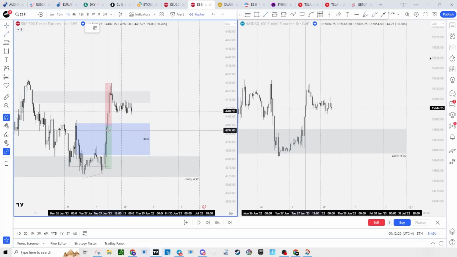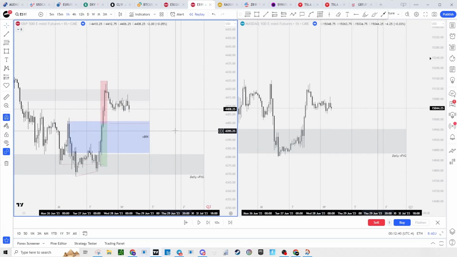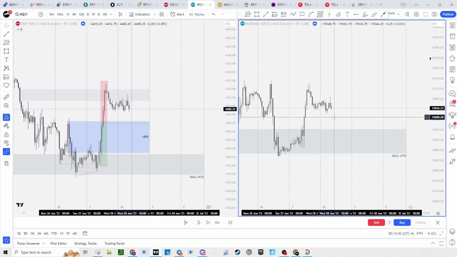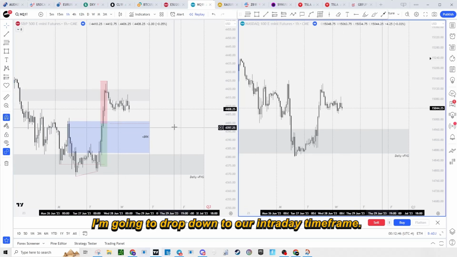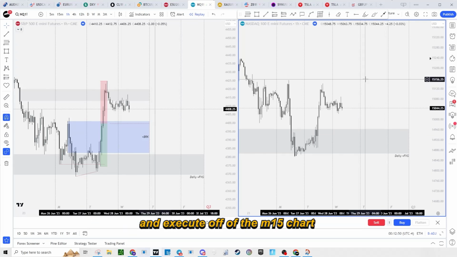So my POI would be at the minimum for ES to tag this 50% equilibrium of this hourly swing. So now that we're looking for an actual entry intraday, I'm going to drop down to our lower time frame and execute off of the 15-minute.